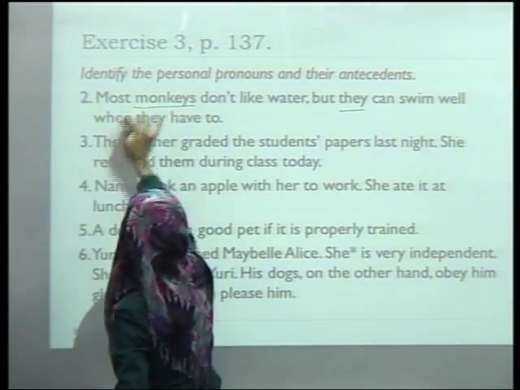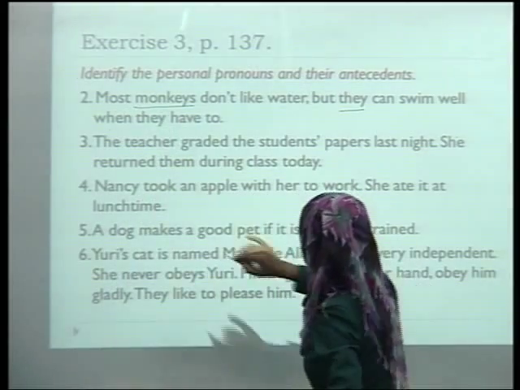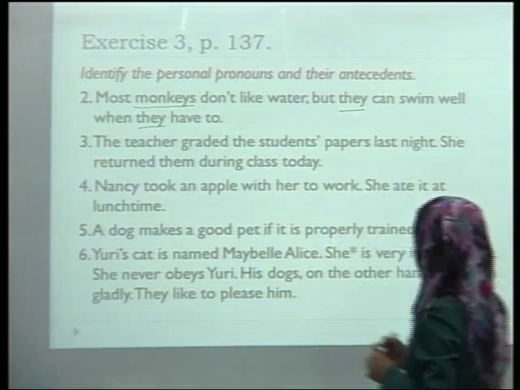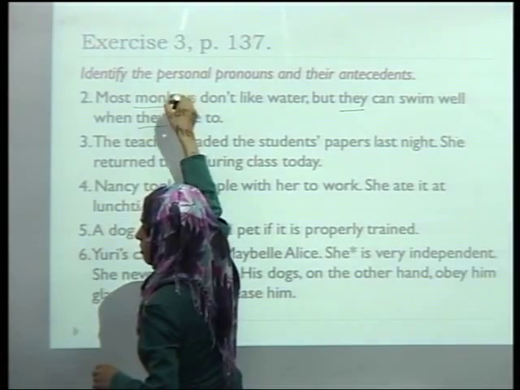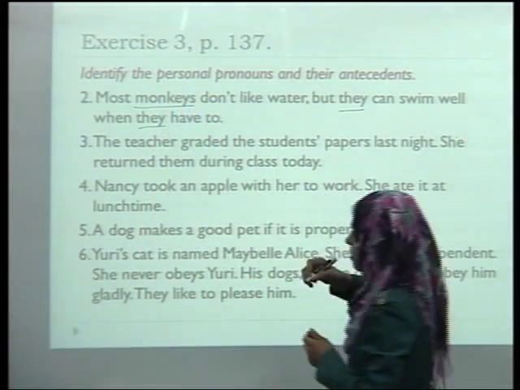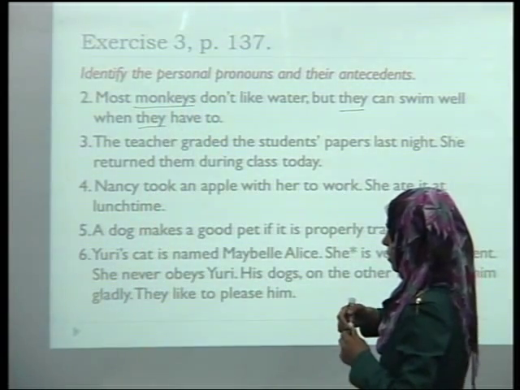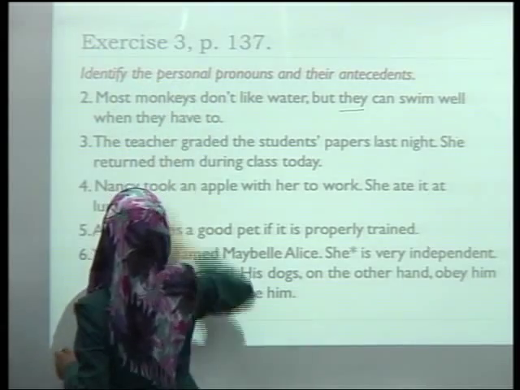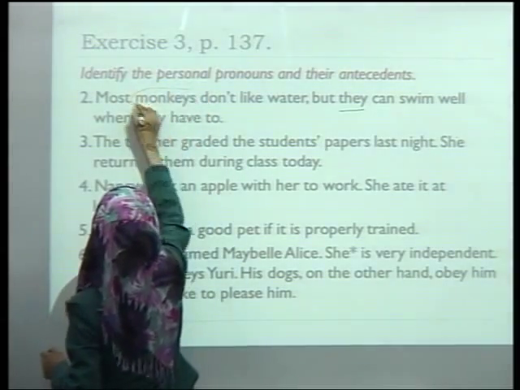Okay. Monkeys, they. Now where is the pronoun and where is the antecedent? Just draw a circle around the antecedent. Draw a circle and underline the pronoun. Okay, this is the antecedent, good. And the pronouns, thank you.